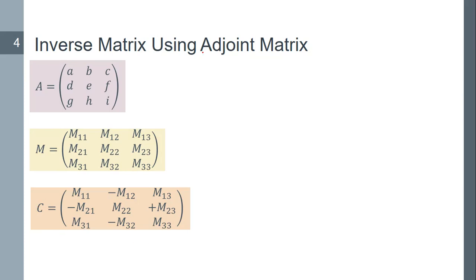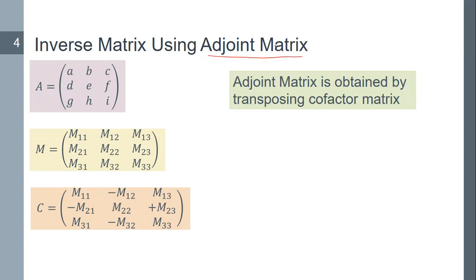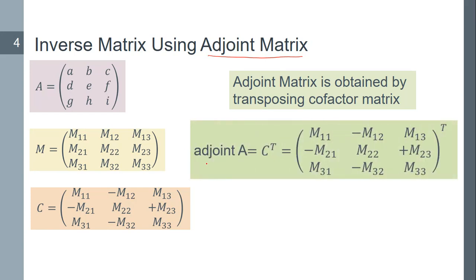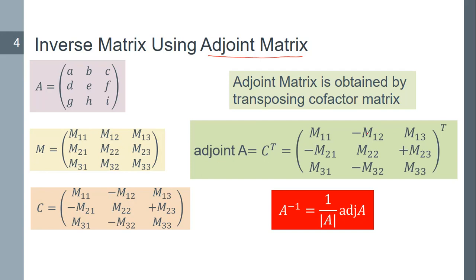Now we are going towards the adjoint matrix. The adjoint matrix is obtained by transposing the cofactor matrix. It's very simple, you just transpose. After that, how do you find the inverse?